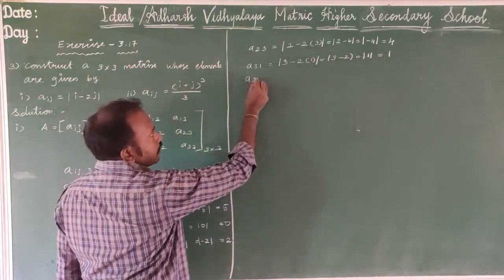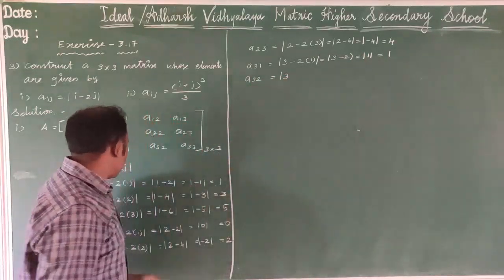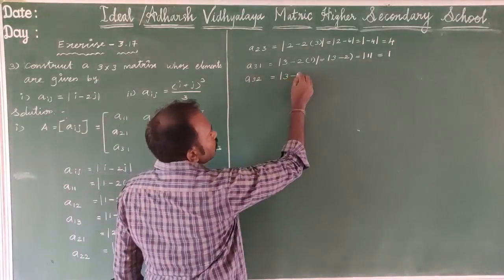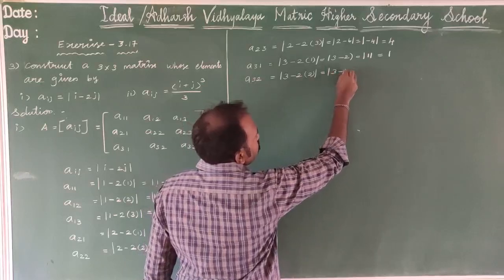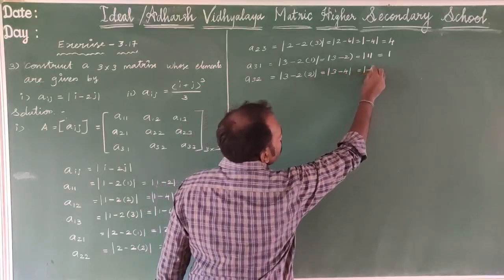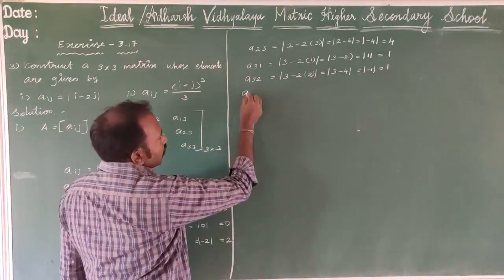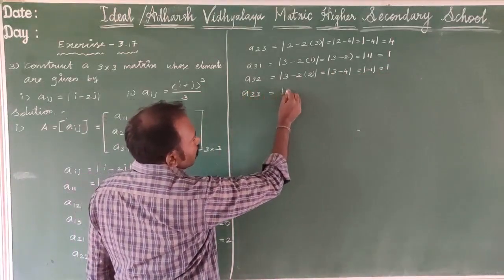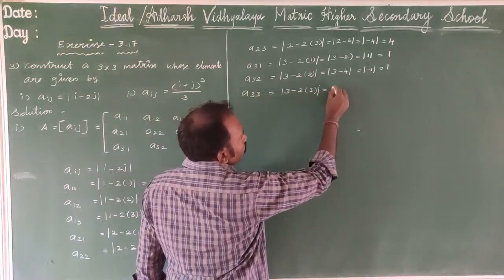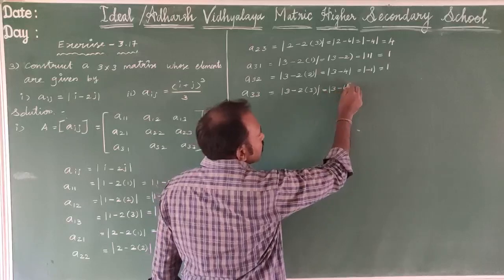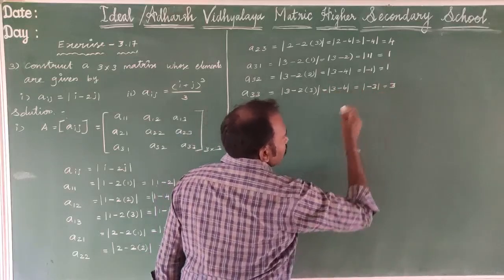Next A32, that is equal to 3 minus 2 into 2 is equal to 3 minus 4. We get modulus minus 1, that is equal to 1. Then A33, then modulus 3 minus 2 into 3 is equal to 3 minus 6, that is equal to modulus minus 3, then plus 3.